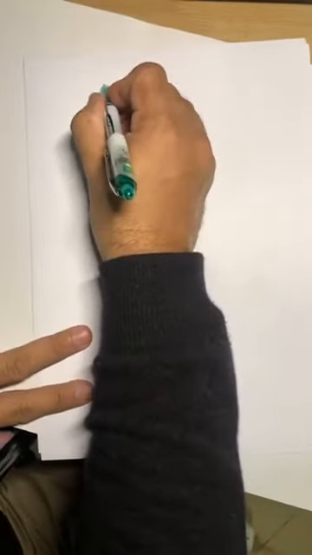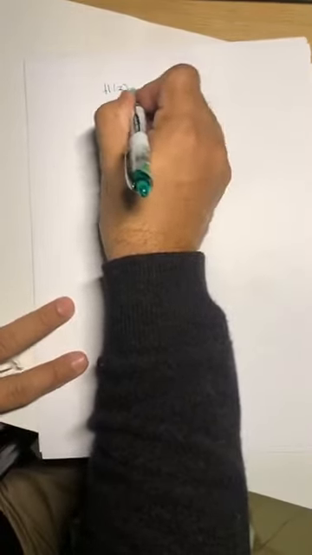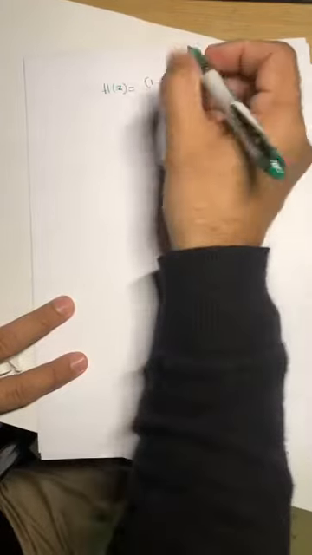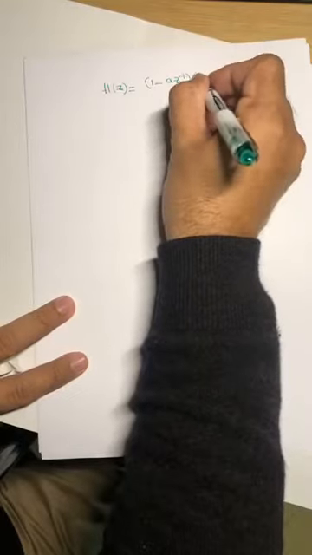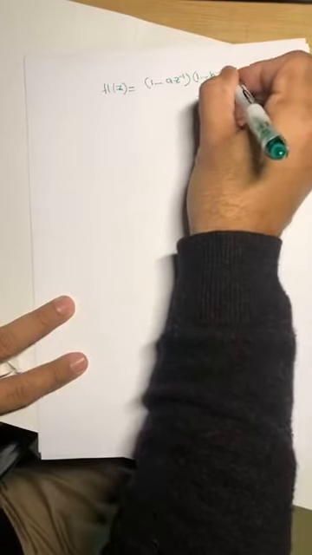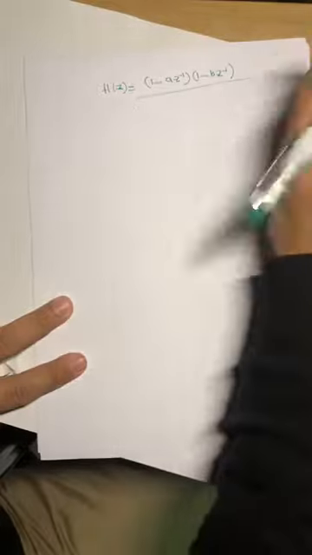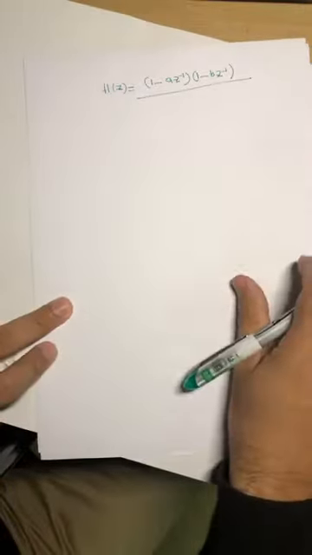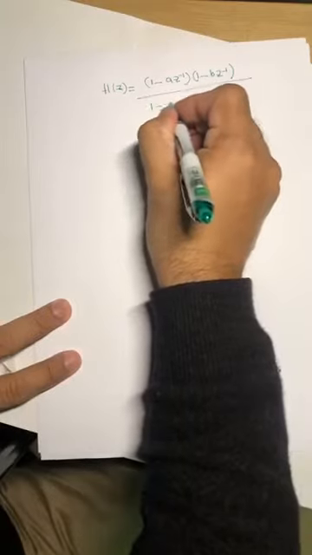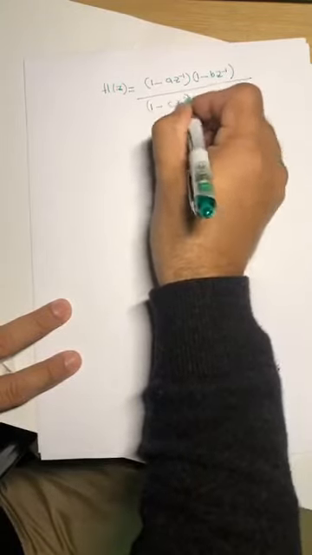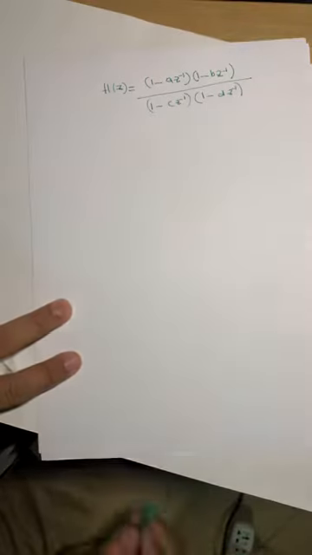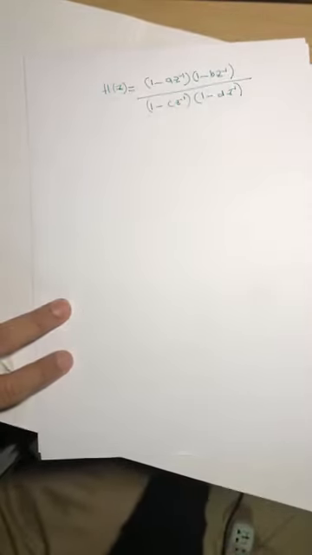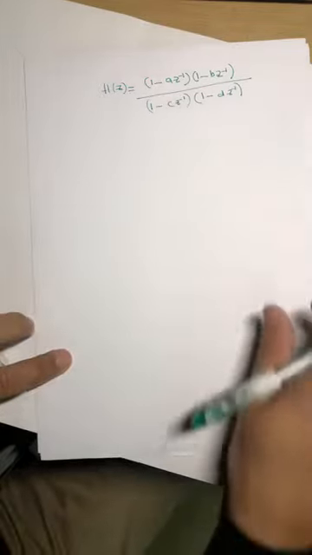So if you are given H of z like 1 minus a z inverse, 1 minus b z inverse, or 1 minus c z inverse, usually this is what you get: a polynomial in the numerator and a polynomial in the denominator.